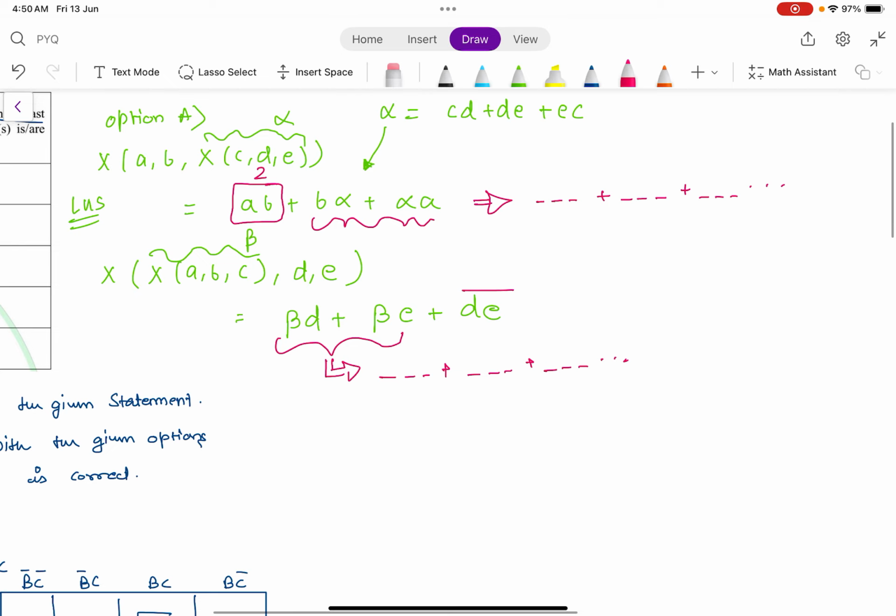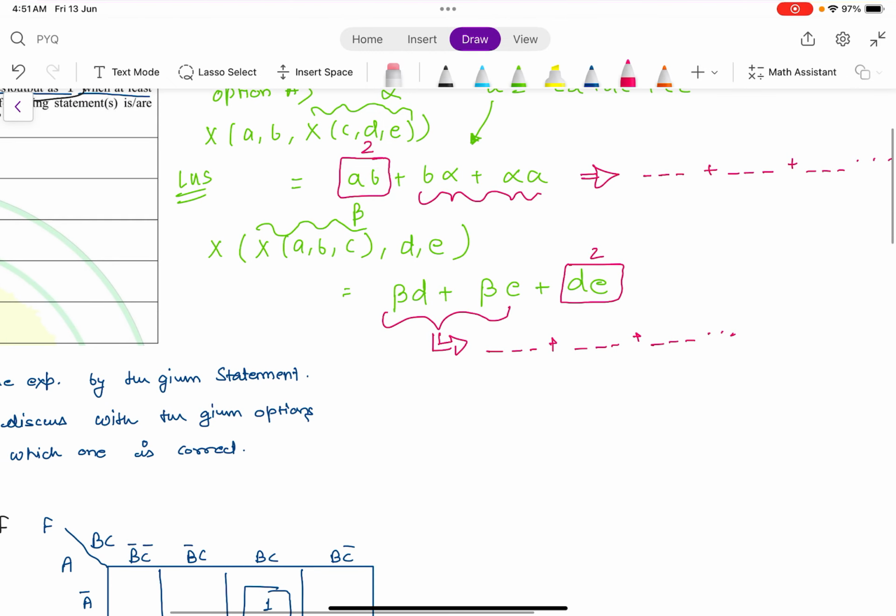Now here is also one minterm which is properly of size 2. If you want to vanish or reduce AB from LHS, you need a minterm of size less than 2. Similarly, if you want to reduce the size of DE, you need one minterm of size less than 2. So there is no minterm on both the sides which is less than 2.